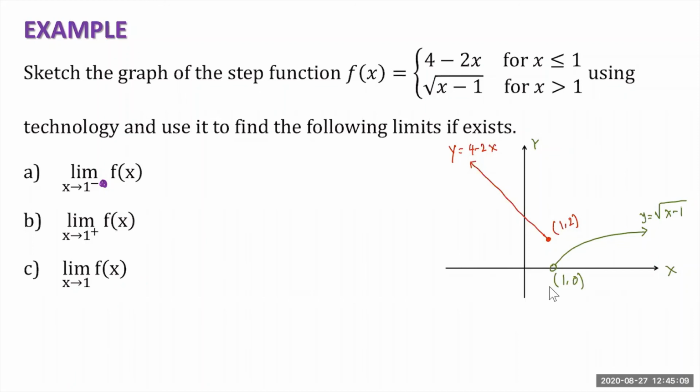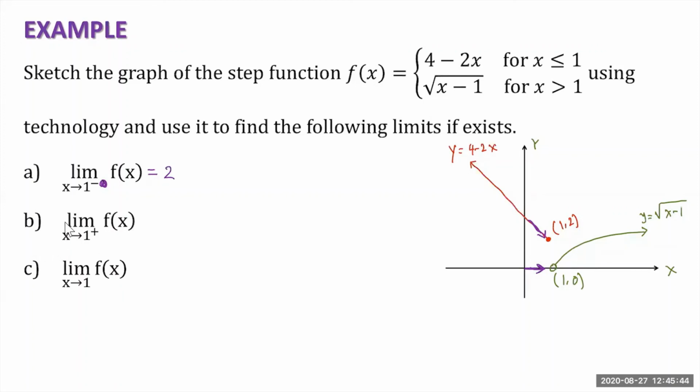When x approaches 1 from the left, from this side, you can see that the graph is decreasing and getting closer and closer to this value. The y value over here is 2. So the limit as x approaches 1 from the left is equal to 2. Let's write the value, equal to 2.